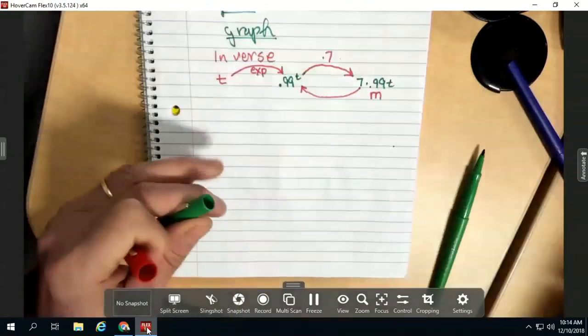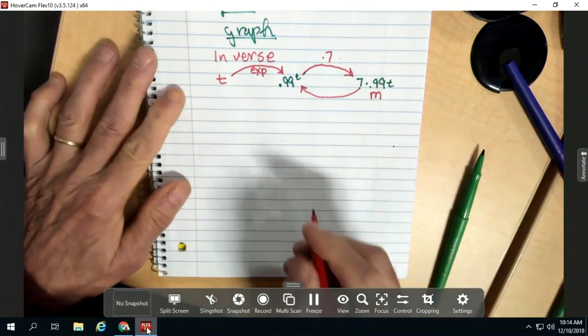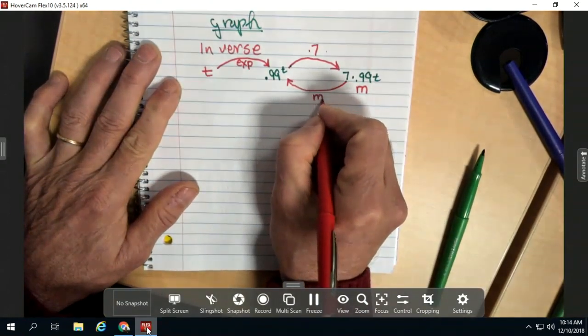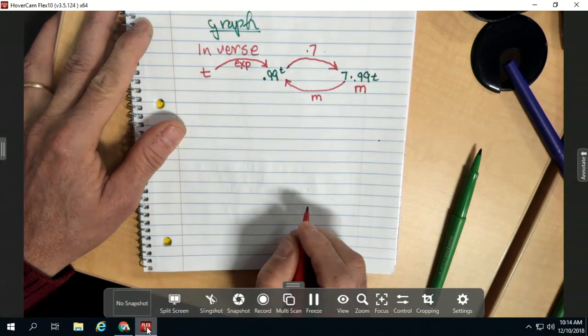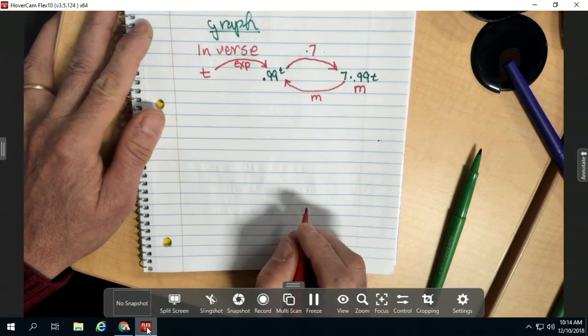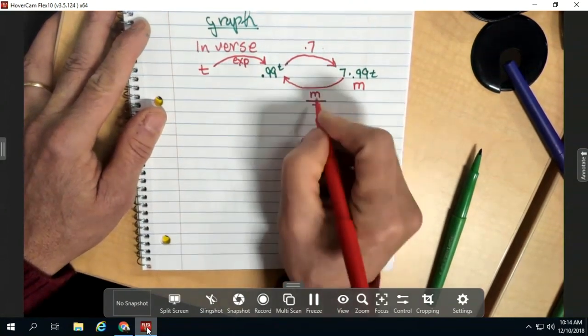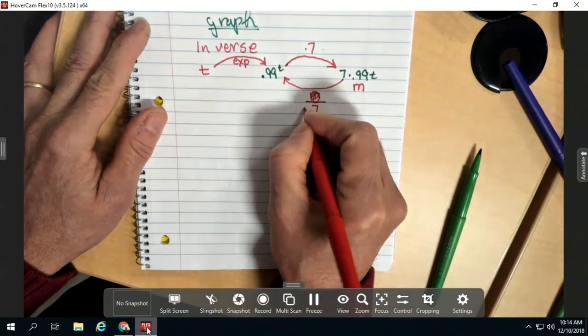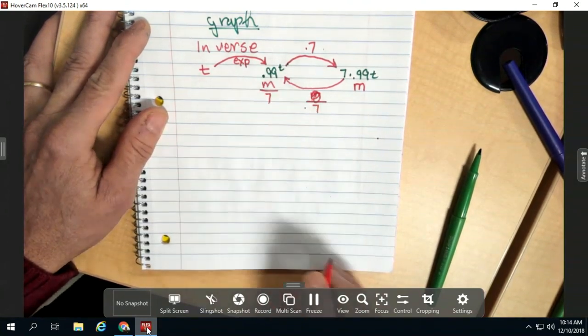What's the first thing we're going to do? We're going to divide by 7. Divide by 7 and we get mass over 7.